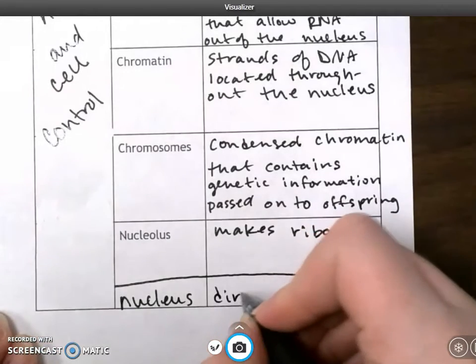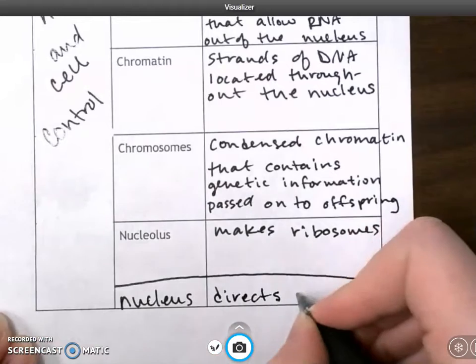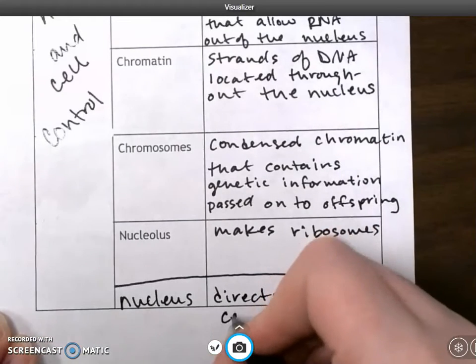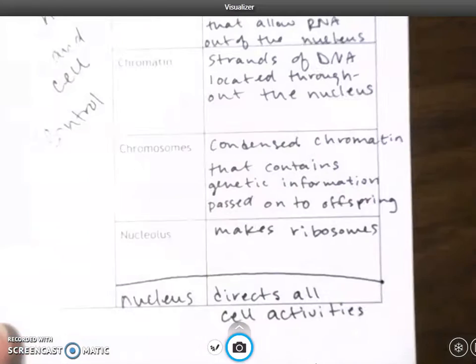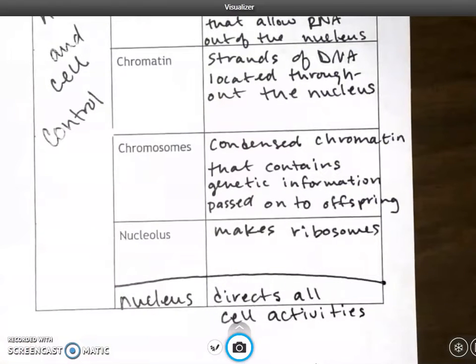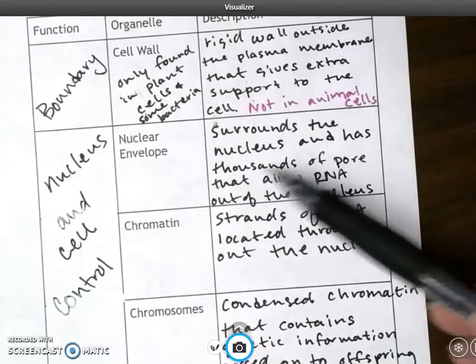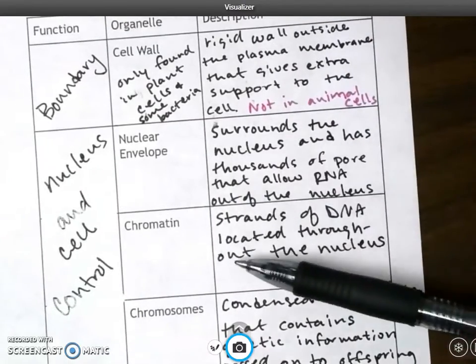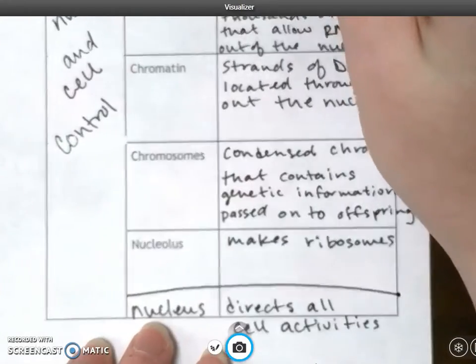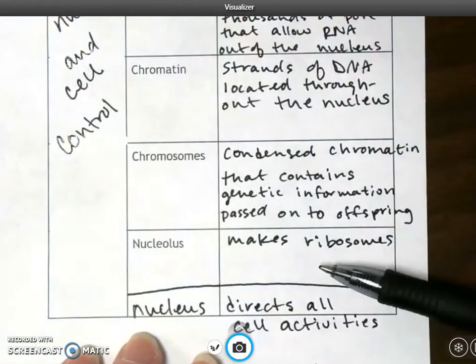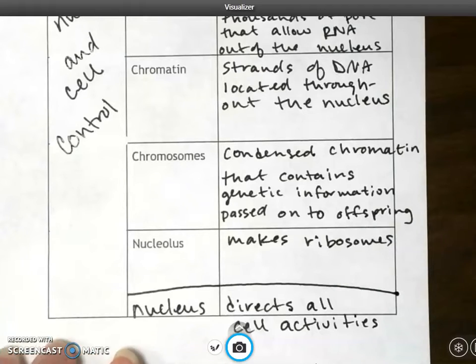It directs all cell activities. If the nucleus doesn't say that it happens, it does not happen. So the nucleus contains this nuclear envelope, that's the outer boundary, and it has the chromatin inside, and this region called the nucleolus that makes ribosomes. Are we good there?